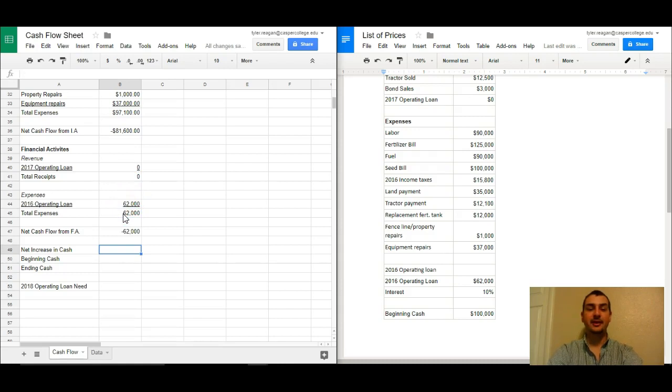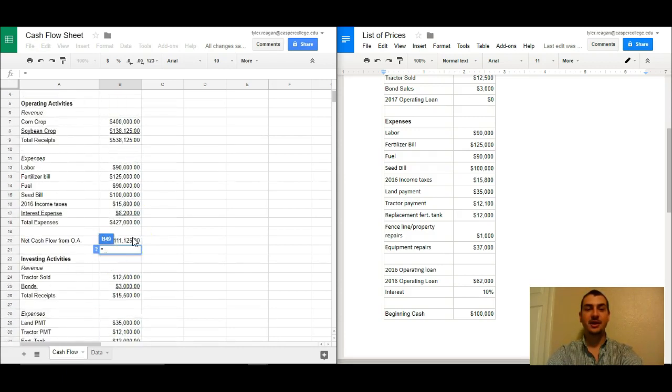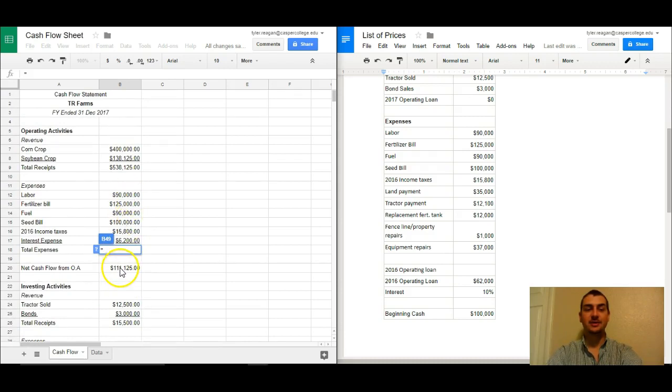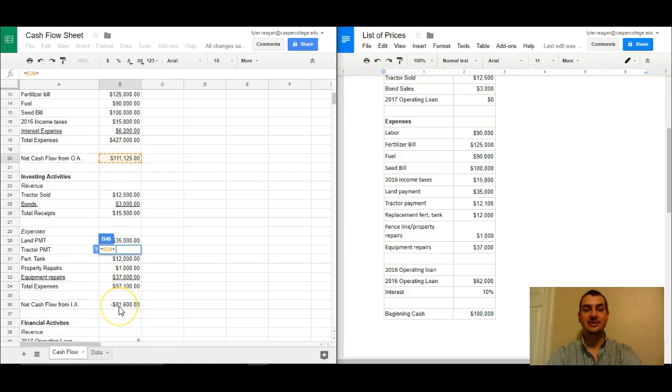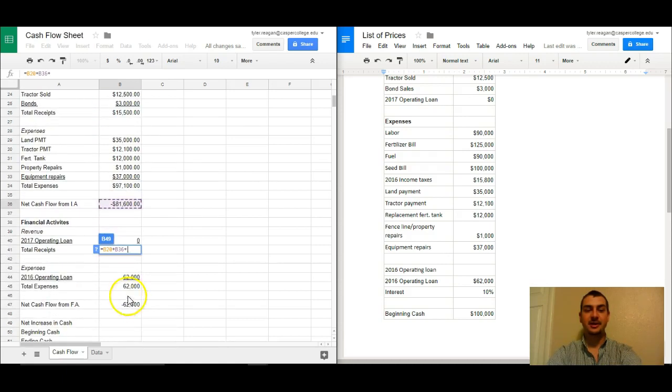Then we want to find the net increase in cash. Now the net increase in cash, as you should remember from the last video, is equal to the net cash flow from operating activities, this $11,000, plus this net cash flow from investing activities, plus this net cash flow from financial activities.